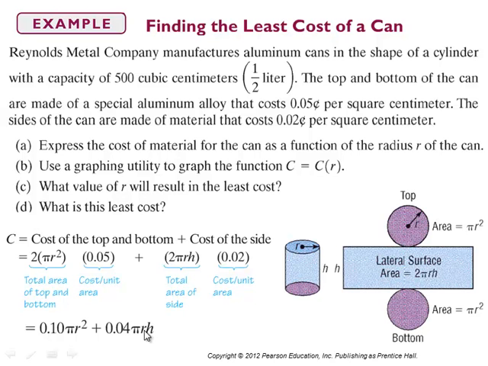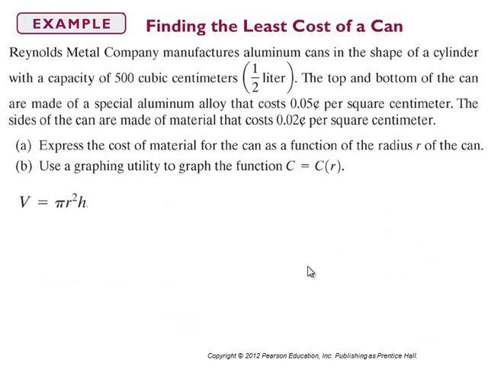Okay, so let's now look at another equation, this time involving the volume. Now the volume of a cylinder is pi times radius squared times h. And the constraint is that the volume needs to be 500, as in 500 cubic centimeters.